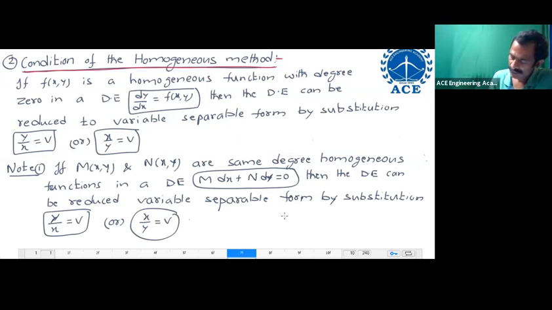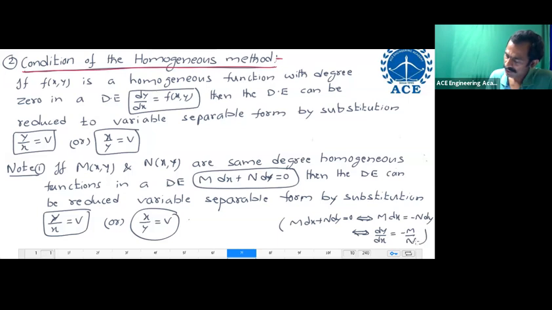Because here m dx plus n dy equal to 0 if and only if m dx equal to minus n dy, if and only if dy by dx equal to minus m by n. That's the same for both.